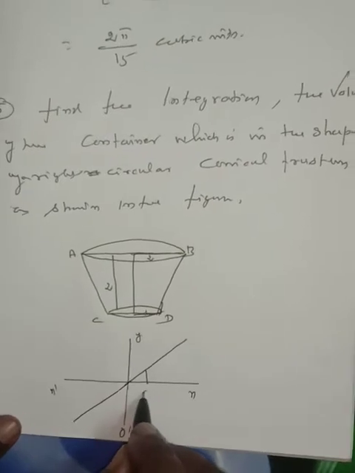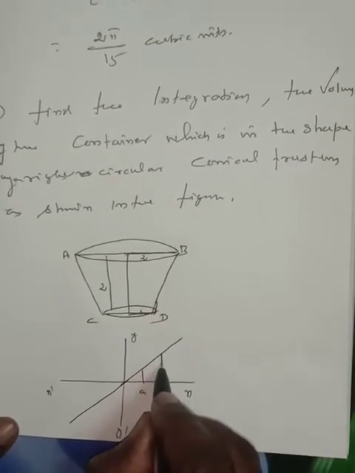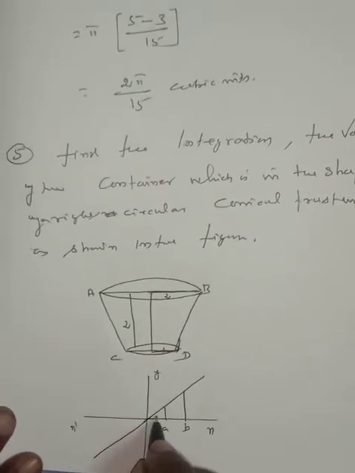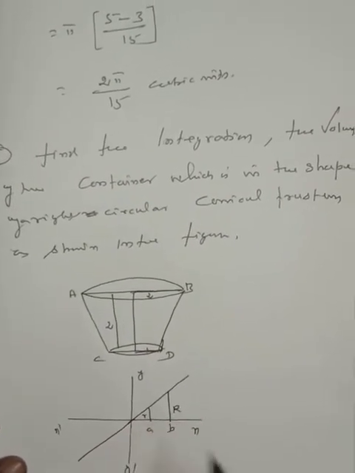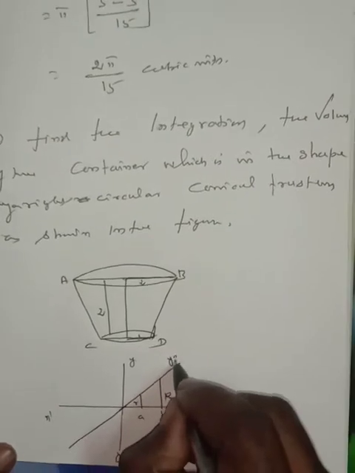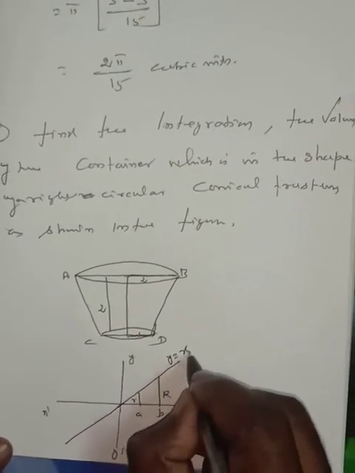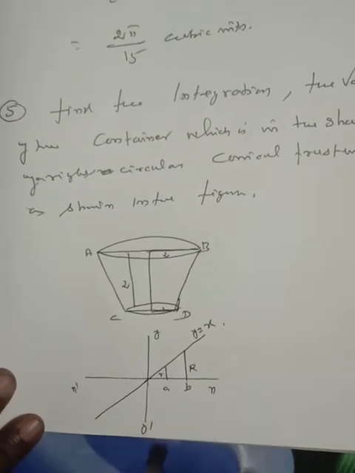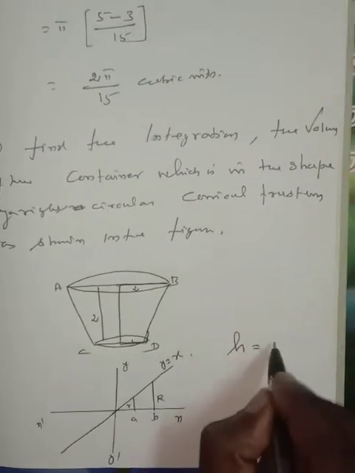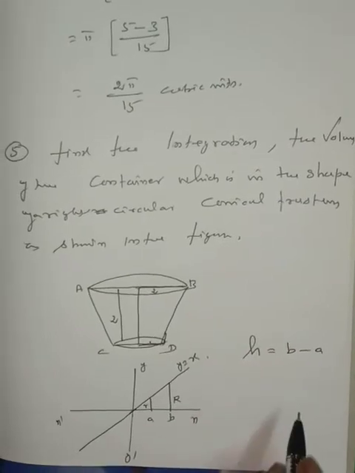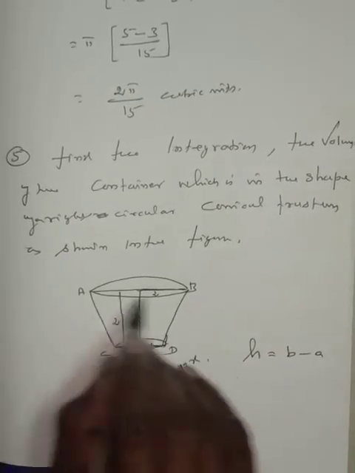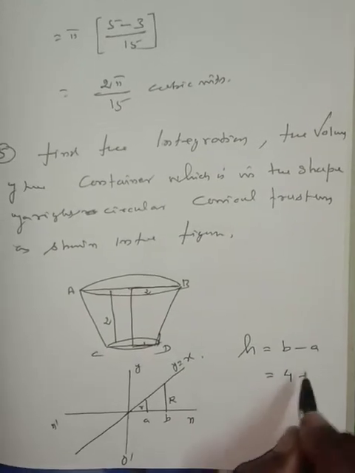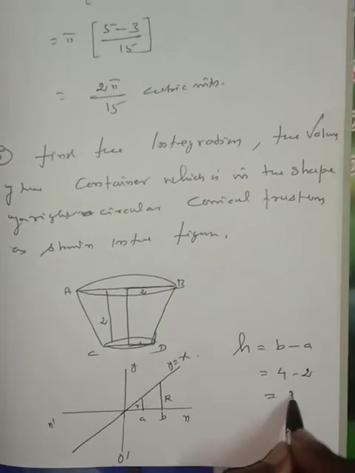Here A, here B, lower limit, upper limit. This is the small radius, this is the capital radius. This is a straight line, the cross section, therefore y is equal to x of the form. Minus A. B is in this case 4, A is 2.